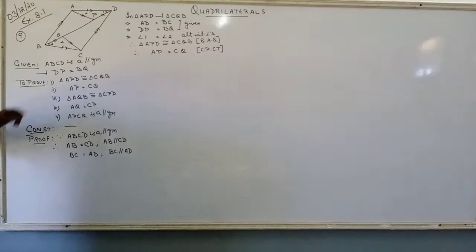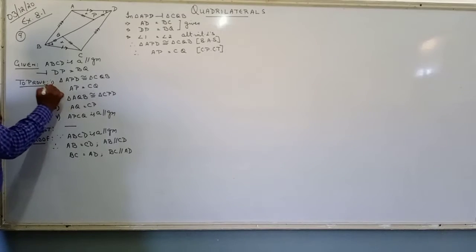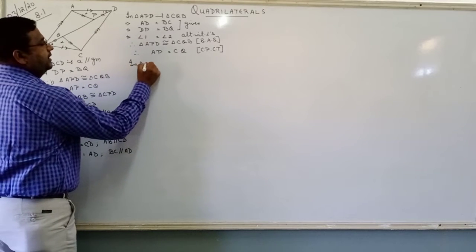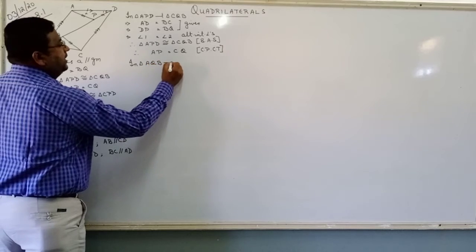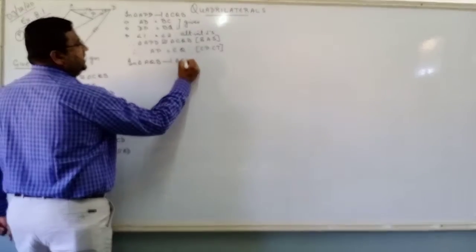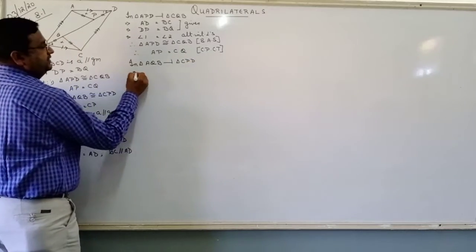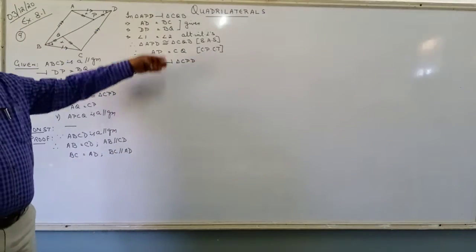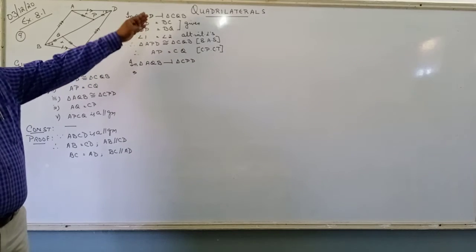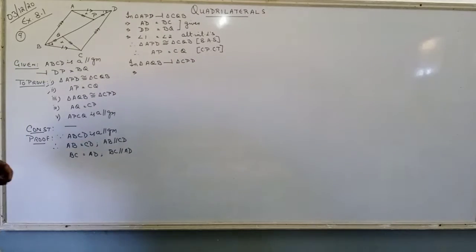Right? So two parts are there. First, second, third part: triangle AQB and triangle CPD. See, this is all from the previous chapter, nothing of this chapter. This is all of the previous chapter, congruency of triangles.